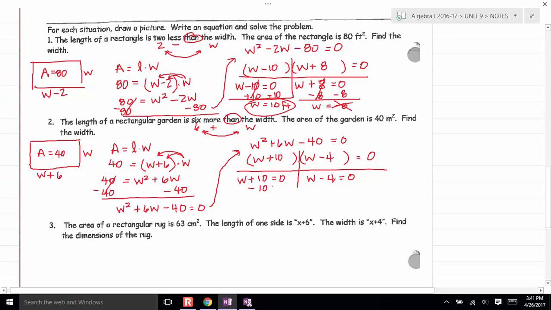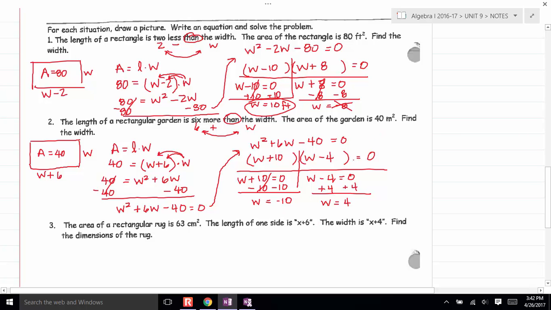We would need to subtract 10 on each side. That gives you W equals negative 10. And in the second equation, we would need to add 4 to each side, which would give us W equals positive 4.